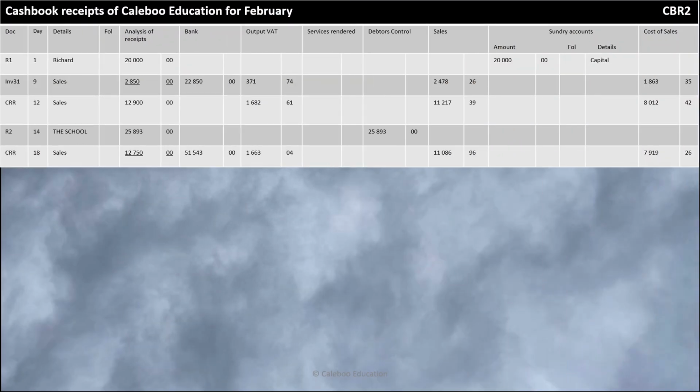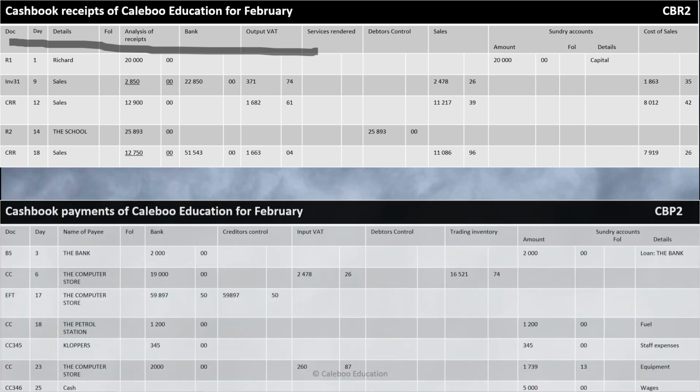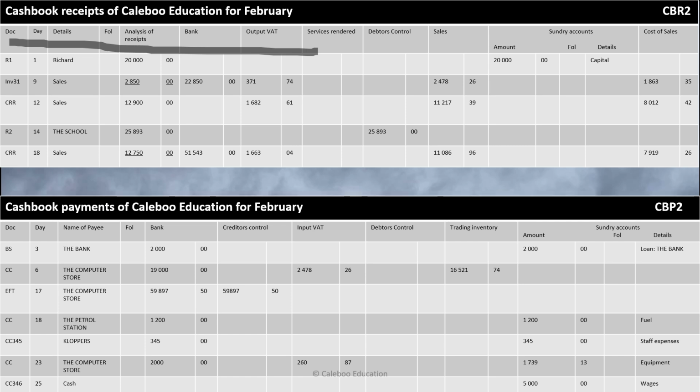In front of you, you have the Cashbook receipts. The Cashbook receipts I did in my last video, and you can see there are similar column headings as we compare the Cashbook receipts with what we're doing at the moment. So in the Cashbook payments, we have columns for document, day.